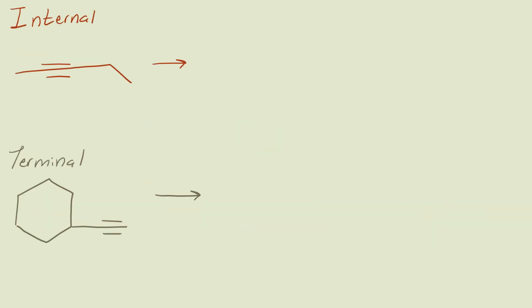Remember that when you split an internal alkyne, you're going to get 2 carboxylic acid groups. But when you split a terminal alkyne, you're going to get a carboxylic acid group and CO2.